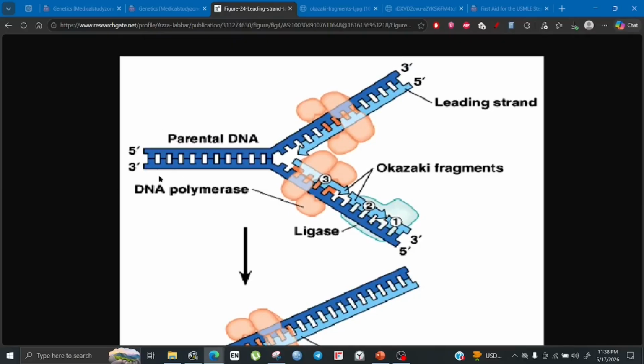The DNA has two strands, and both of them are anti-parallel. So both of them run in different directions. One of them runs from 5 prime to 3 prime, and the other runs from 3 prime to 5 prime. This is known as anti-parallel. Anti-parallel means that they're going in opposite directions.